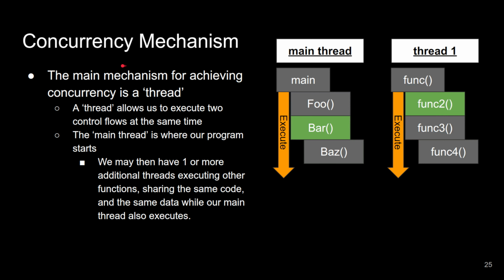But the main mechanism for achieving this, which is our topic of today, is what's known as a thread. Okay, so a thread is what's going to allow us to execute 2 control flows at the same time. So you're going to have your main thread, which we've been programming in. We haven't had to think about it, but it's really the main thread of execution, where we're executing one function at a time, one after the other.